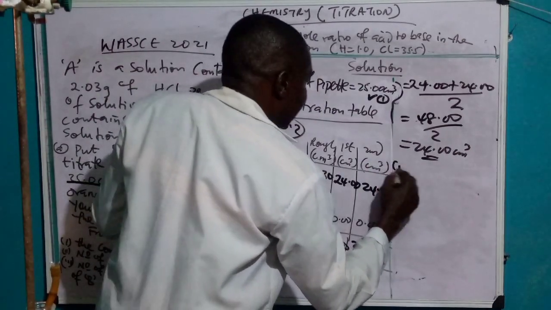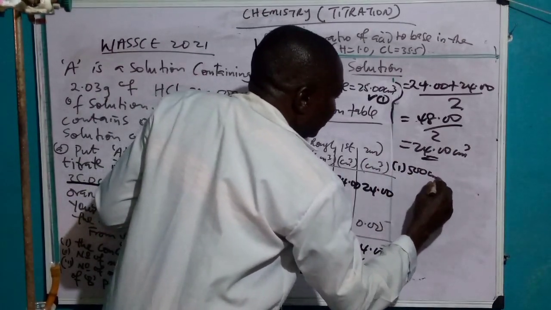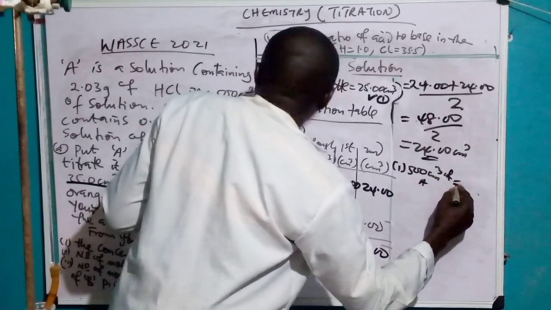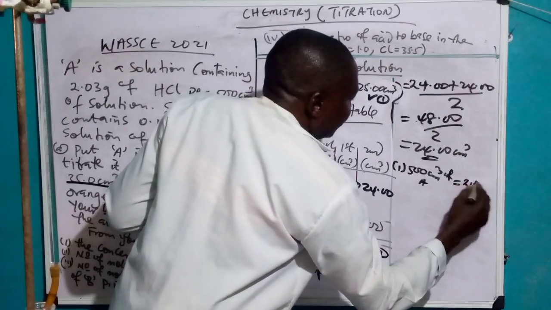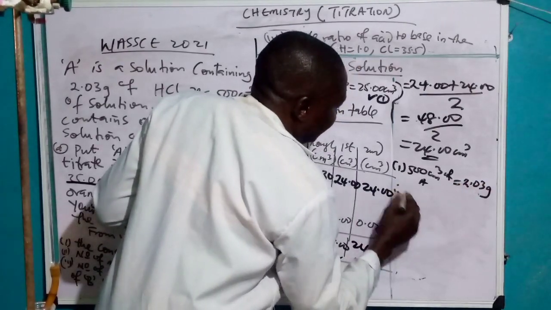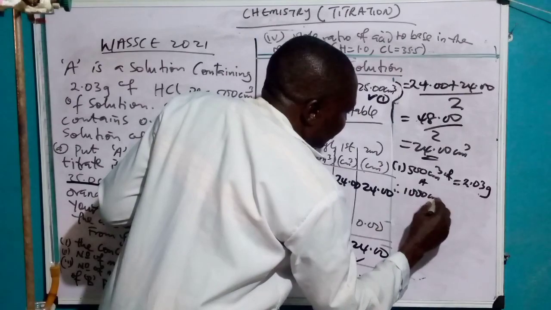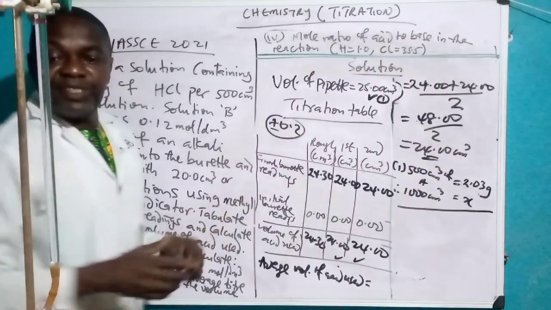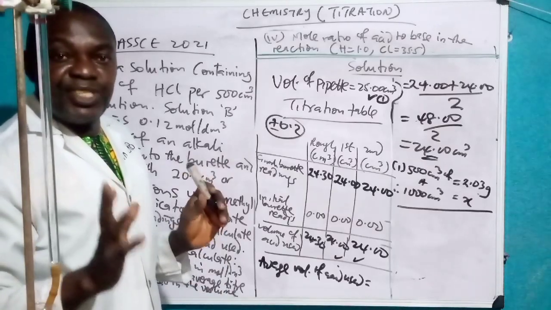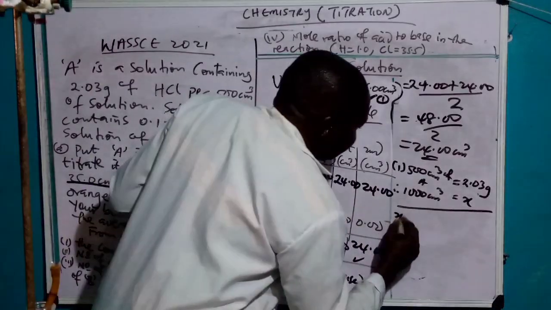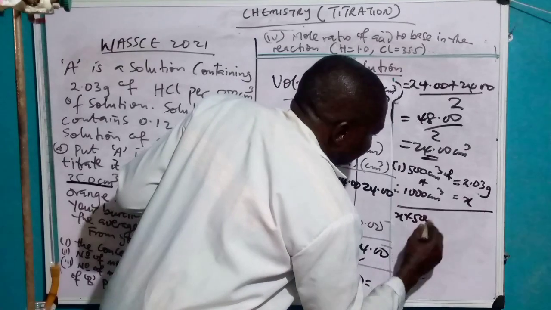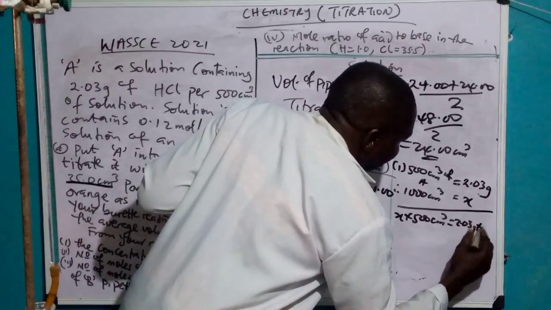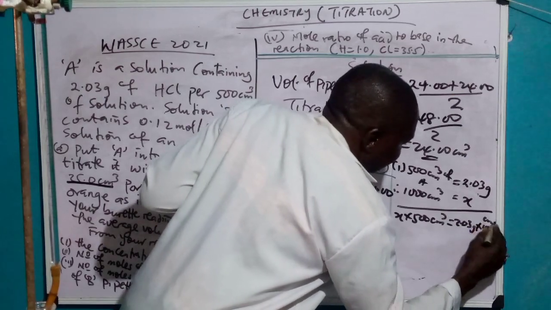So you now have, that's Roman figure 1: 500 cm³ of A contains 2.03 gram. Therefore, 1000 cm³ contain X. 1000 means 1 dm³. Everything we are using here is calculated based on dm³. So you say S times 500 cm³ equals 2.03 gram times 1000 cm³.